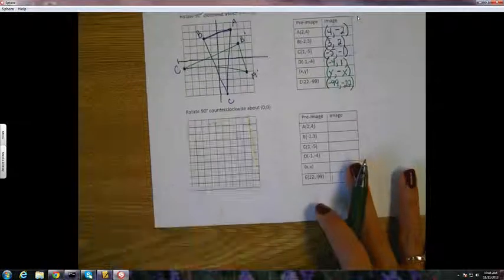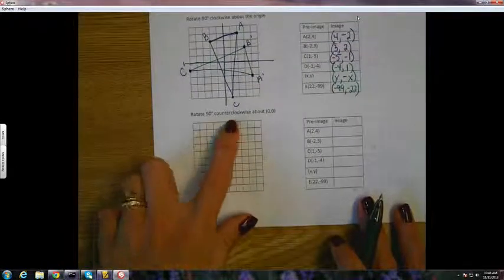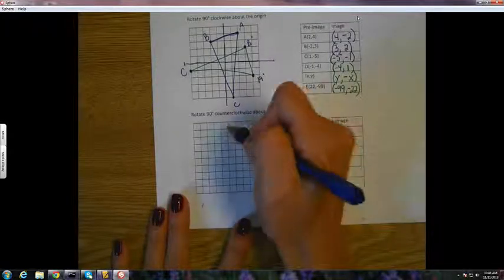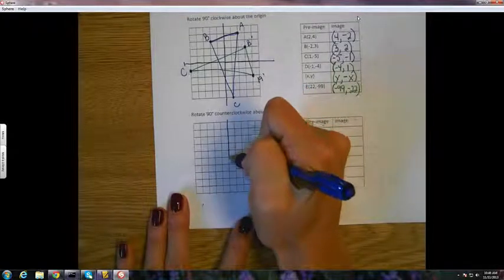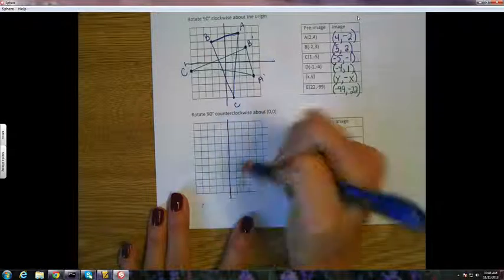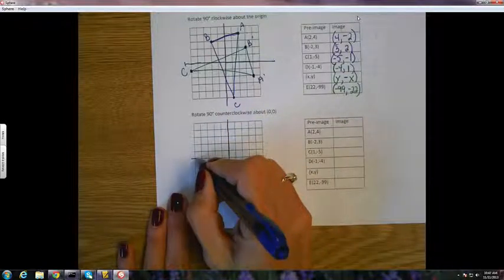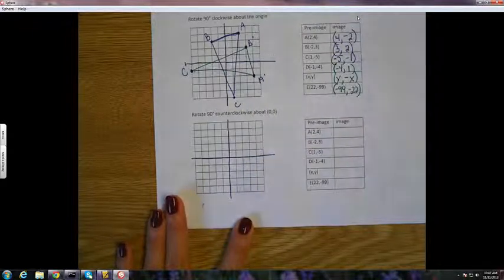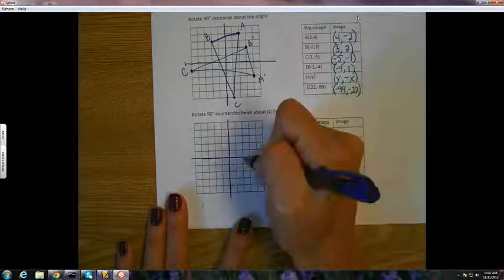Okay, let's go 90 degrees counterclockwise about the origin. Let's see, we want everything centered here. So 2, 4.